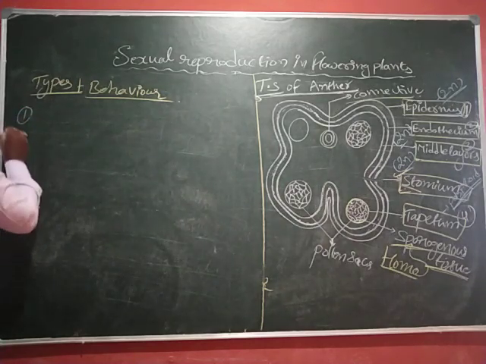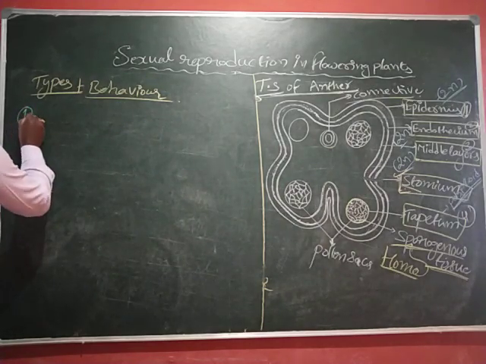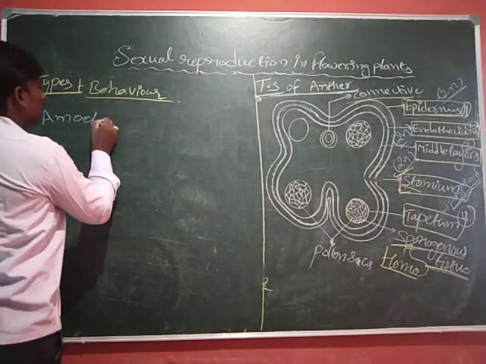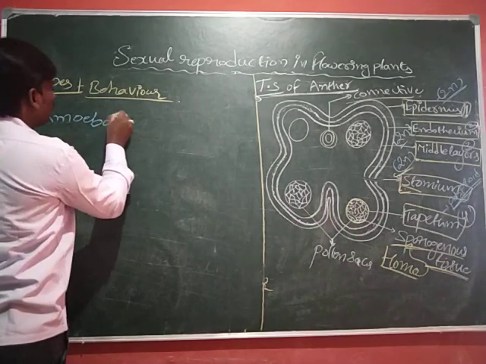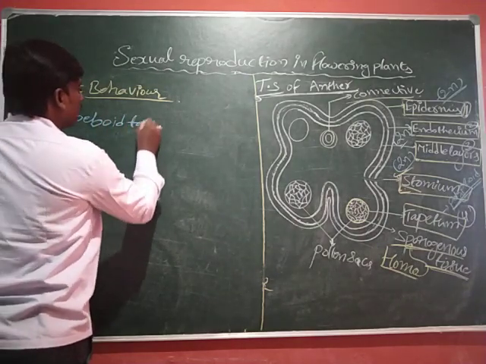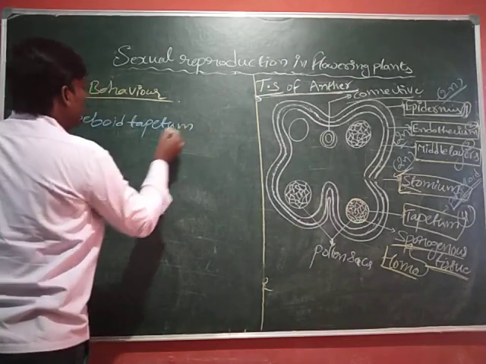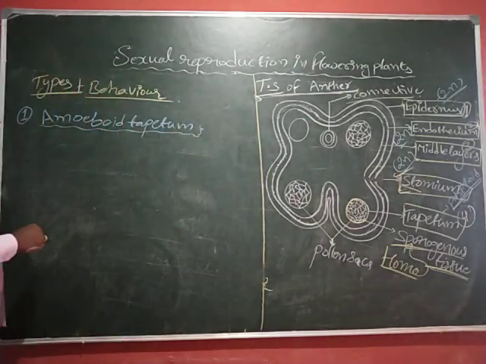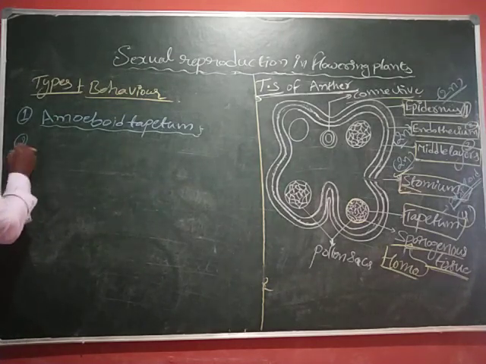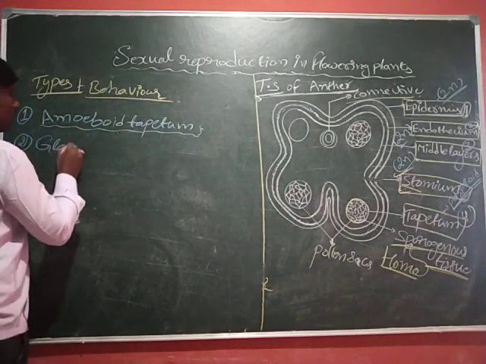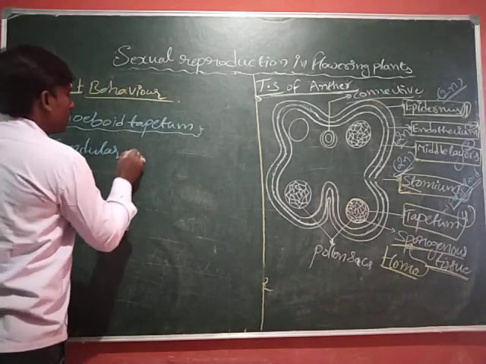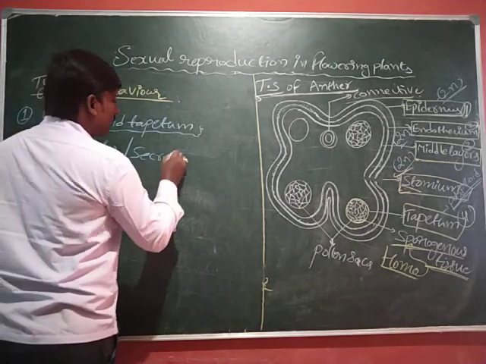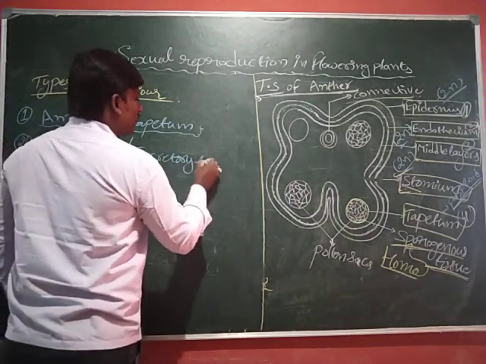The first one is amoeboid tapetum. And the second one is glandular, or secretory, tapetum.